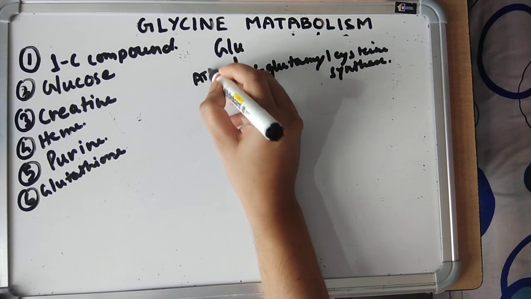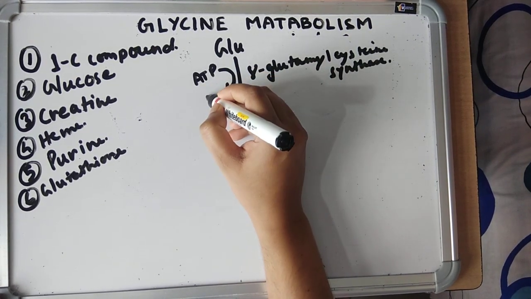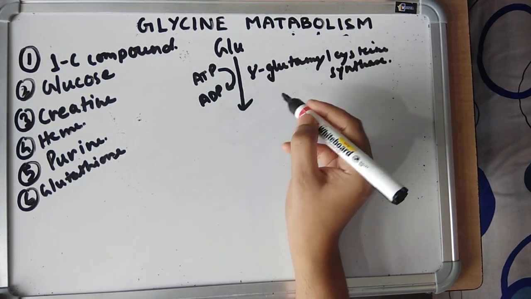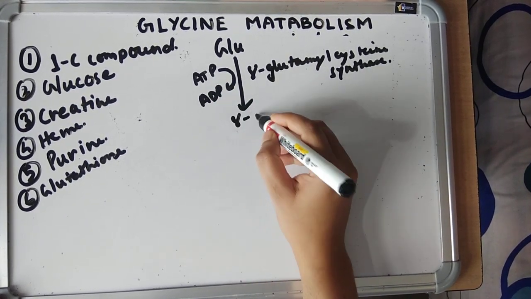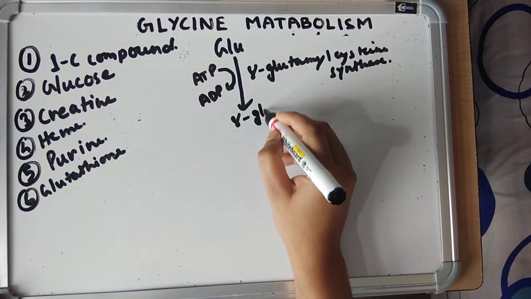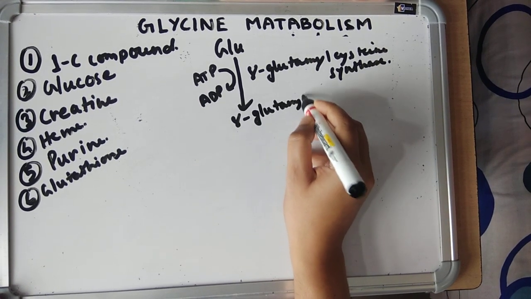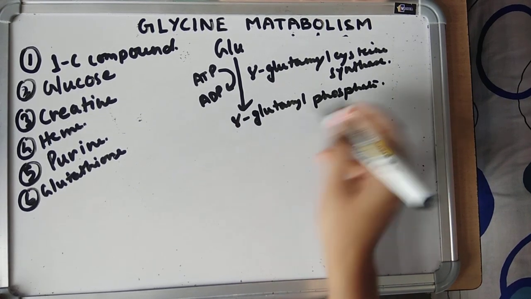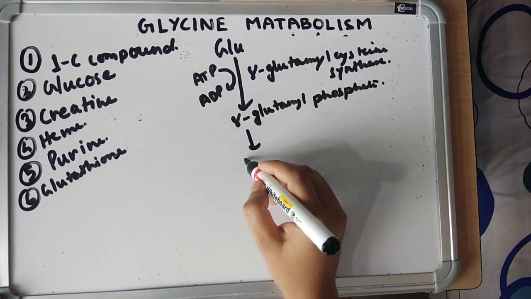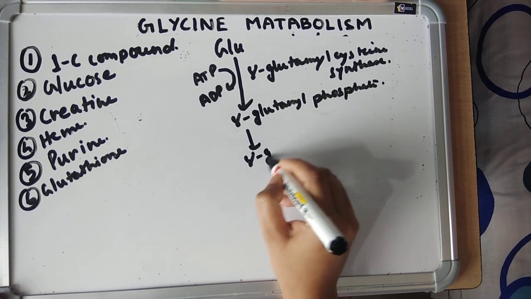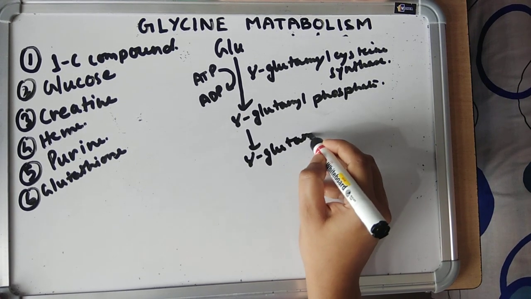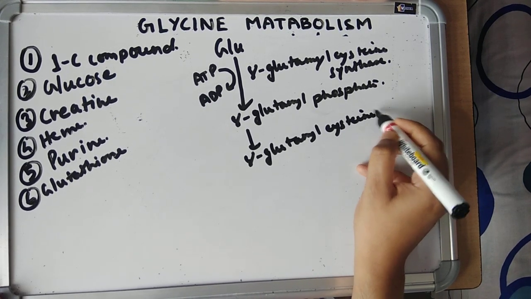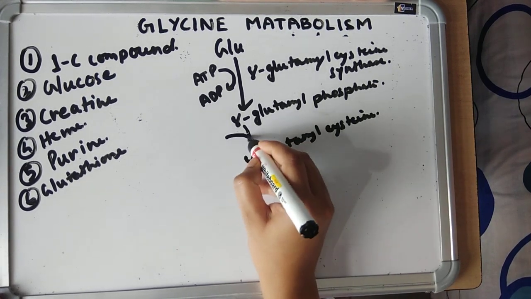So first there is intermediate phosphorylation to form gamma glutamyl phosphate, and the same enzyme will form gamma glutamyl cysteine.